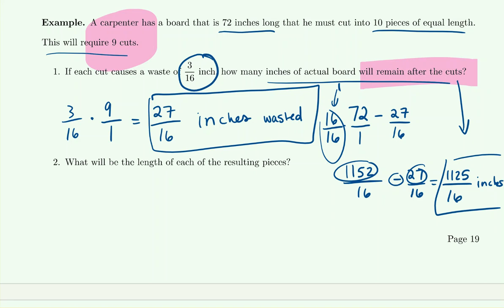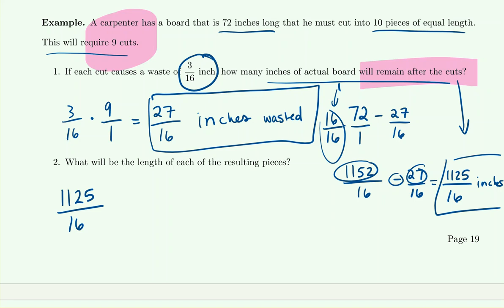Our next question asks us, after we found these 10 equal pieces after the cuts, what is the length of each of these resulting pieces? Now, as we're thinking about this problem, we've got to think of how much board we have left. We've got 1,125 divided by 16 inches of board left to work with after the cuts are made.